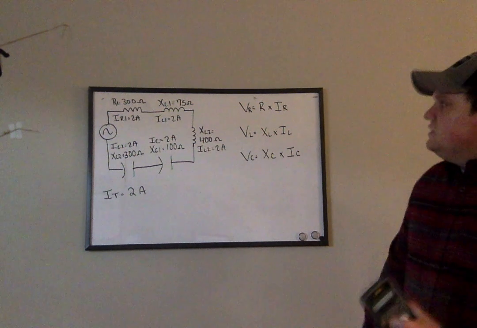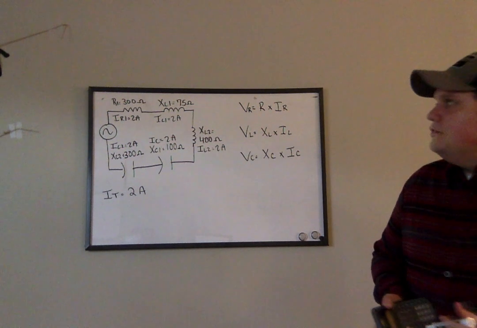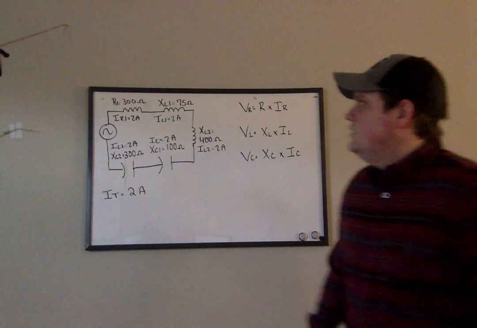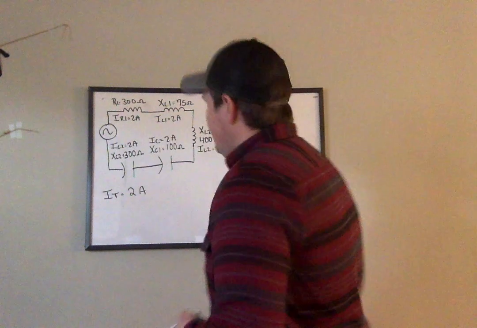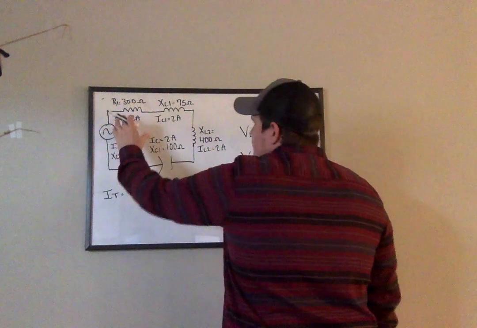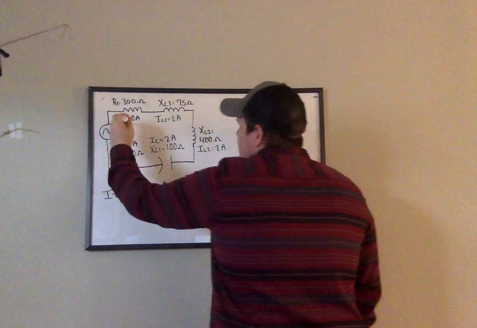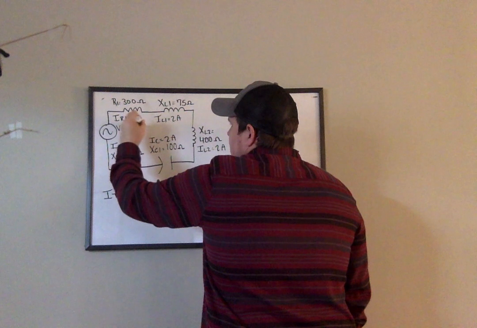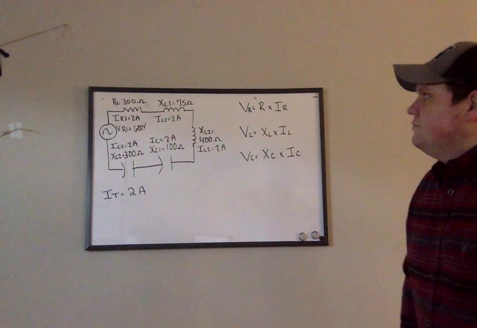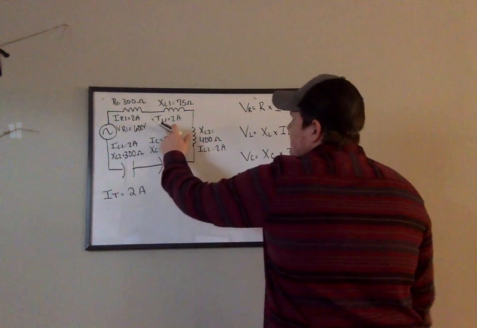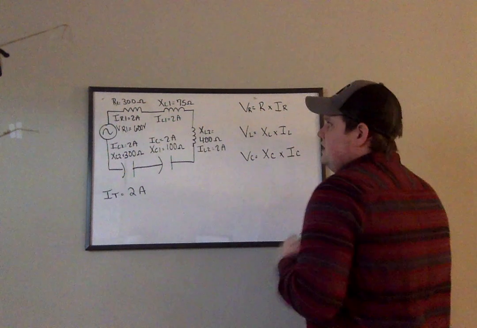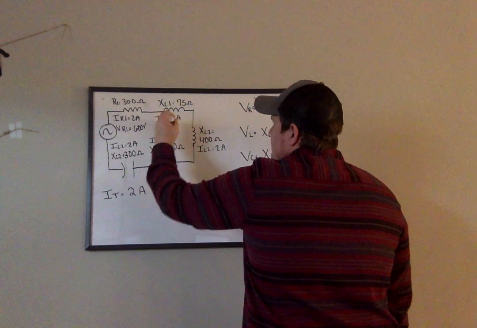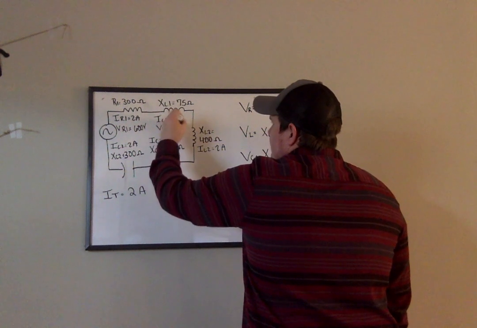So let's go around and find our voltage drops. I chose 2 amps because we don't even need a calculator for that. We have 300 ohms and 2 amps, so that's going to give me a VR1 of 600 volts. Then I look at the inductor. 75 times 2 gives me a VL1 of 150 volts.